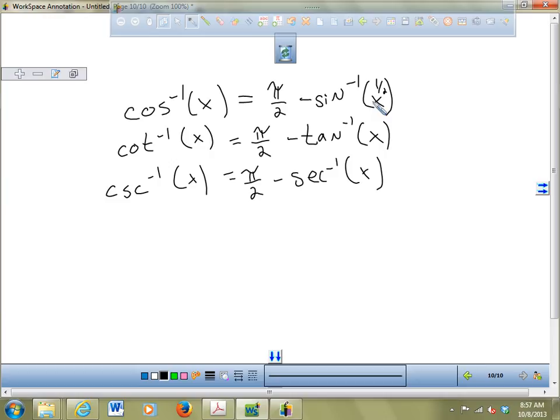So if I take pi over 2 minus pi over 6, that gives me pi over 3. So the inverse cosine of positive 1/2 is pi over 3.